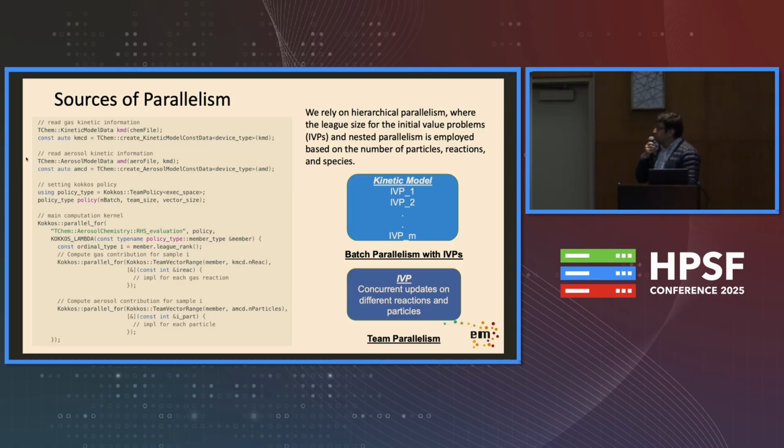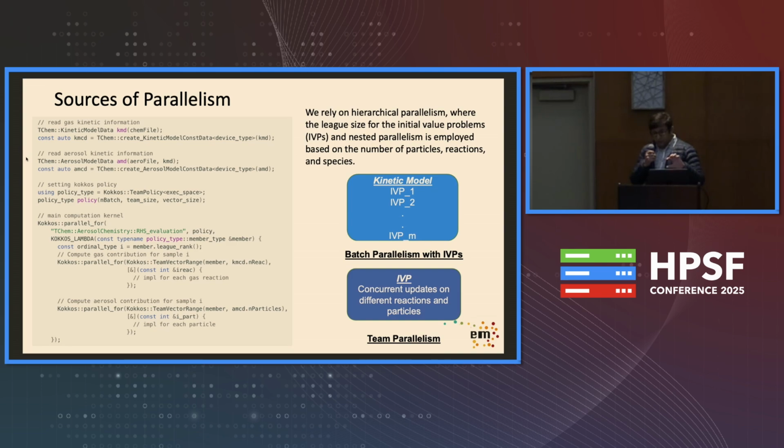Okay, so now I'm going to go through more details. In our code, we rely on hierarchical parallelism or team parallelism, and there are mainly two sources of parallelism. The big source of parallelism for us is that we compute many instances of either an initial value problem or right-hand side or Jacobian evaluations.